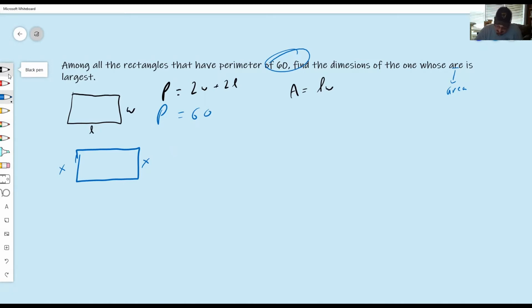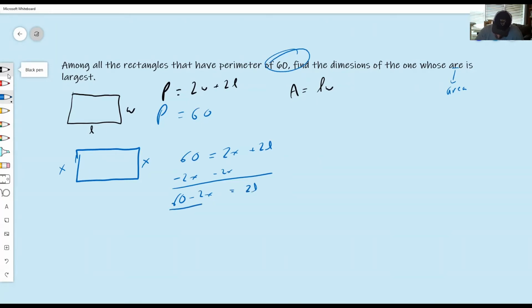That means length is what's left over. So what do you have? We know the perimeter is 60. I have 2 x's plus 2 l's. If I solve for L, I know how long it is. So minus 2x, minus 2x: 60 minus 2x equals 2L.